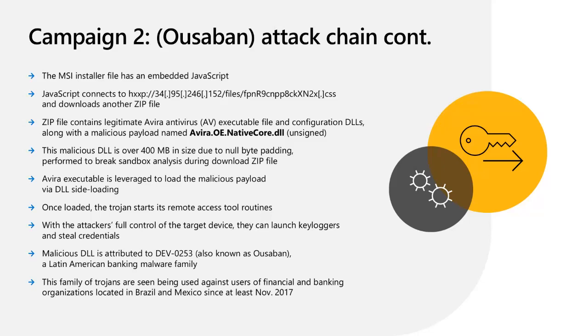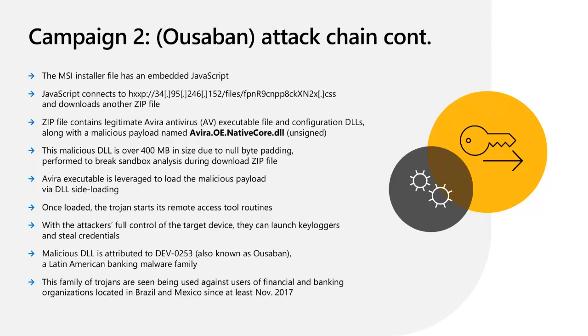These null bytes are padded to break sandbox analysis, so it is an evasion technique against detections, because it really becomes difficult to parse such a large file, and that too with null bytes. So that is one of the factors which we have seen on this DLL. And as I mentioned, it is executing via DLL side loading.